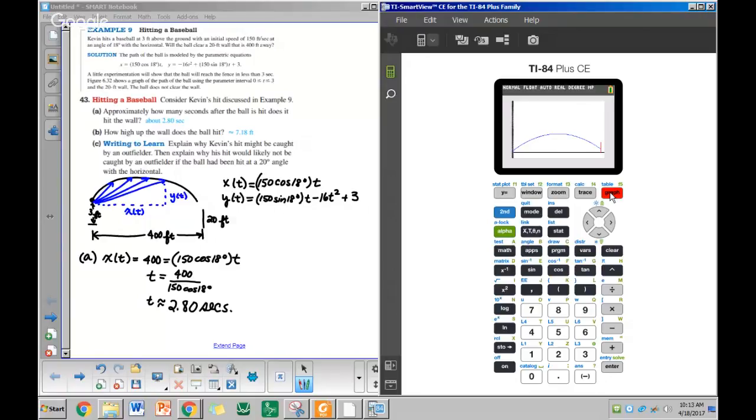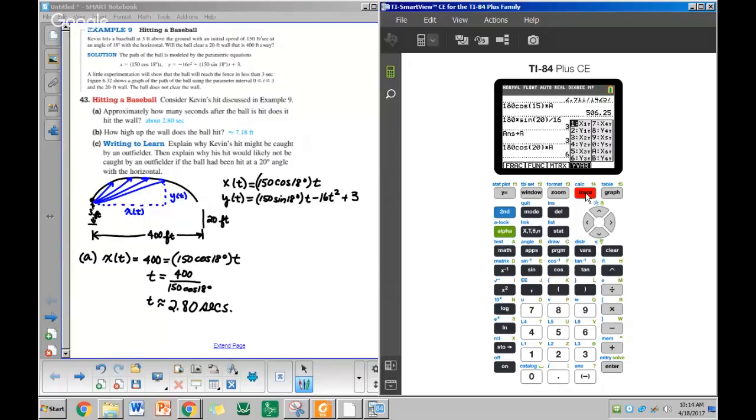Now, what's really cool about this calculator, wait till you see this, is that we can go second quit out of here. And remember, back in the day when I talked to you about that alpha F4 key, what do I want? I want the height, right, at 2.80.